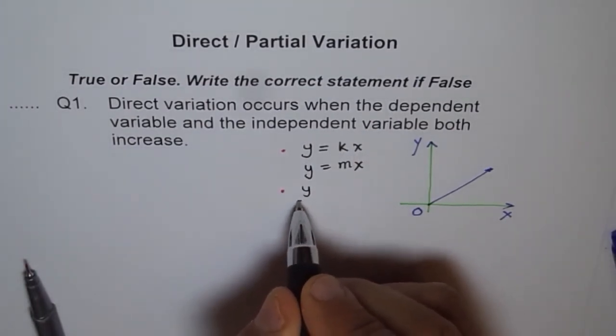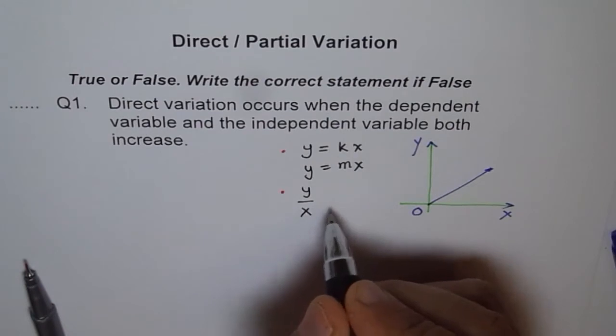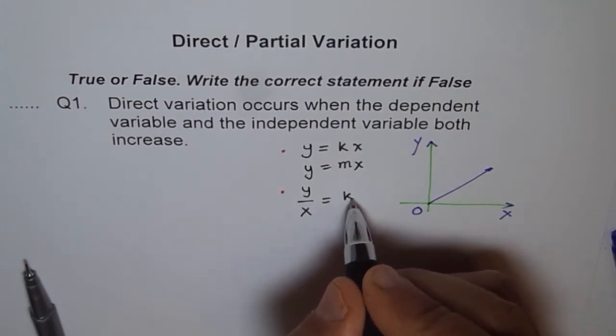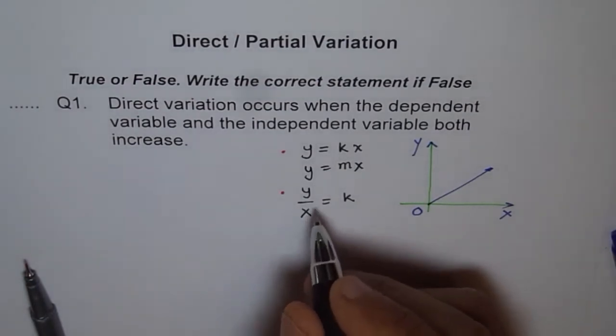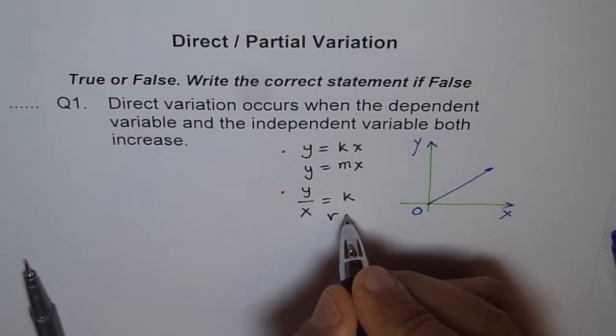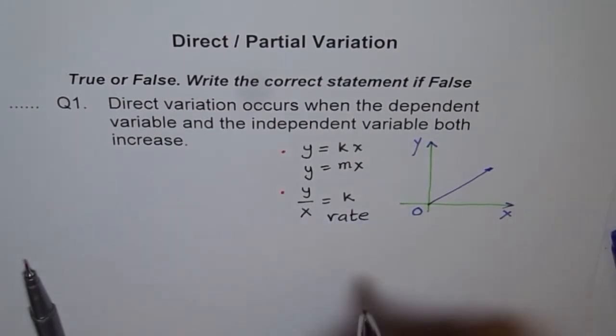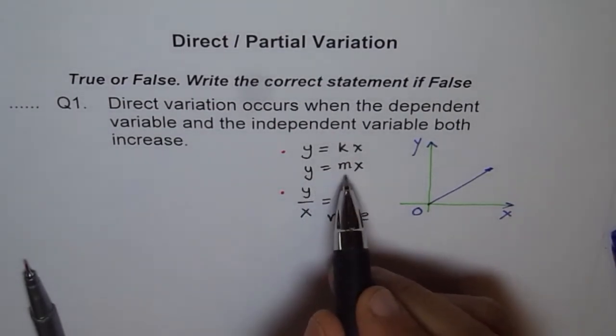So let me write this as the second condition. Y divided by x is always a constant. This is very important. And sometimes we call this constant a rate. In this equation, y equals mx, m is the slope.